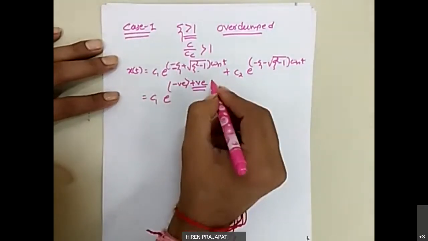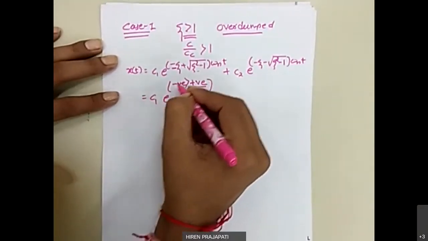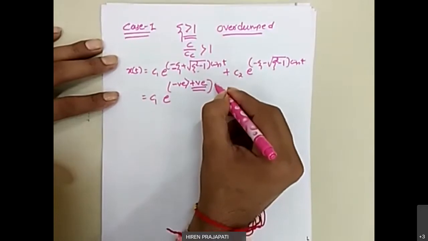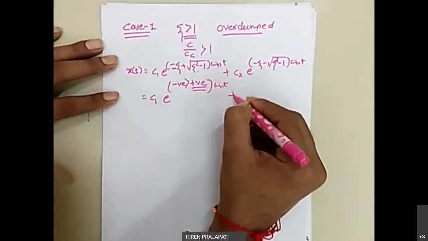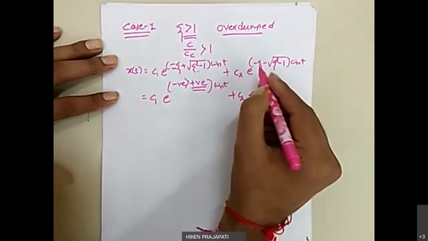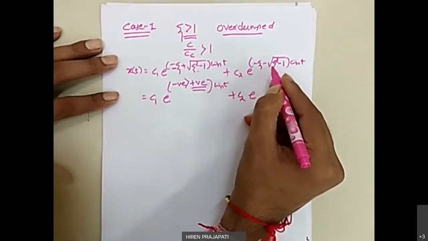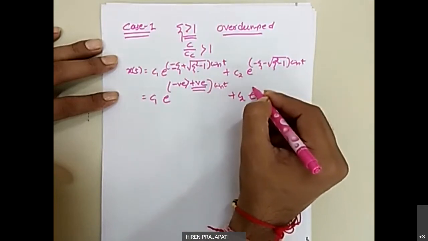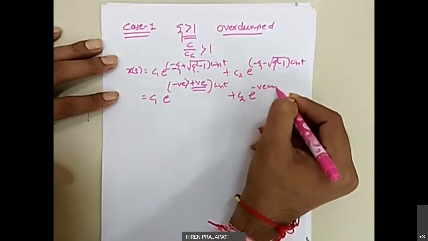So the e to the power will always be negative, omega n t. The same will happen on c2 as well, where both terms give a negative value, right?